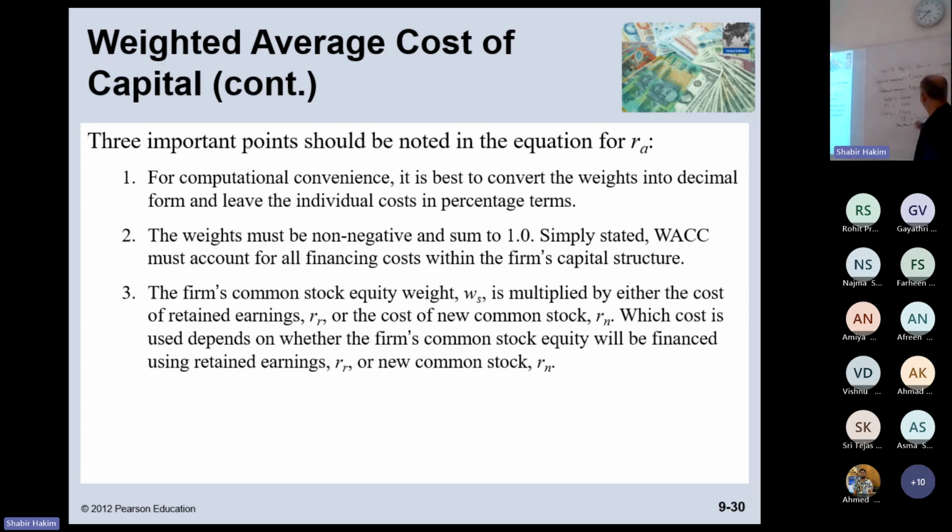Now we have to see the weight of the retained earnings. That is 80,000 as a percentage of the total. Total required equity is how much?